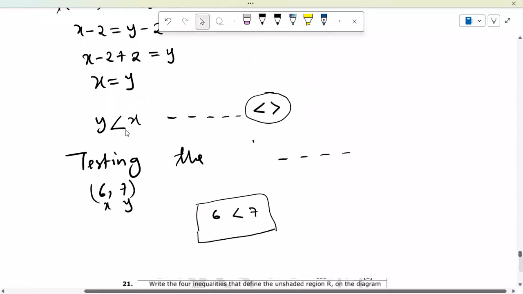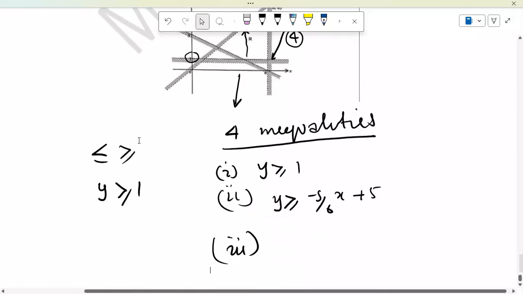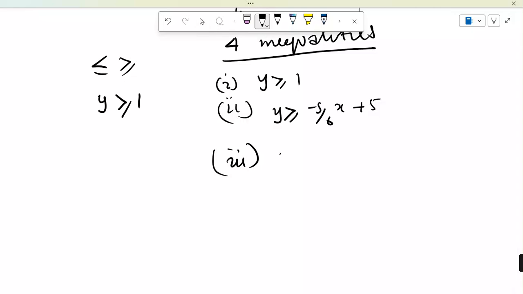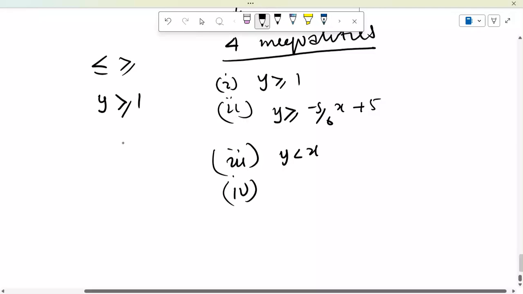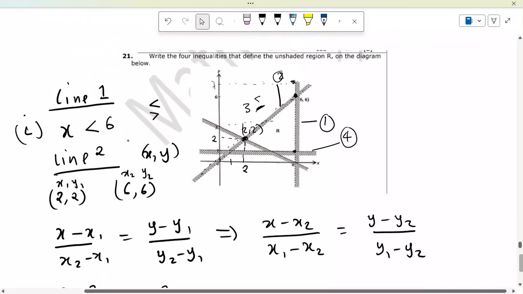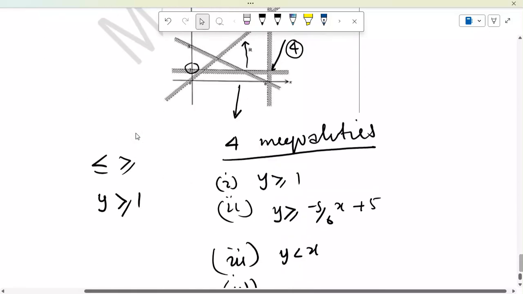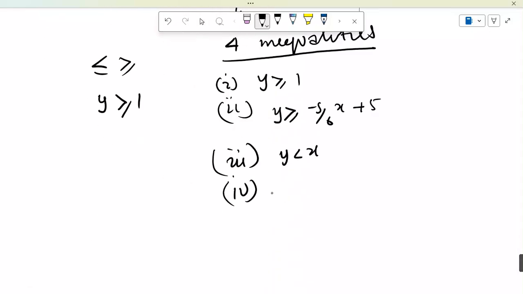The third one, y is less than x. The fourth one, x is less than 6.